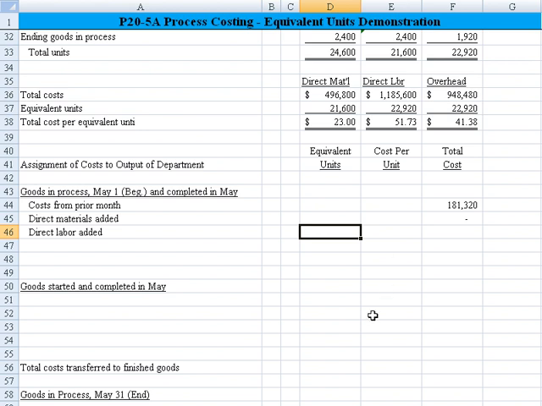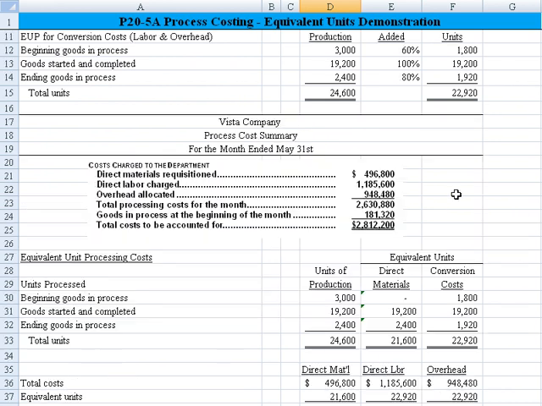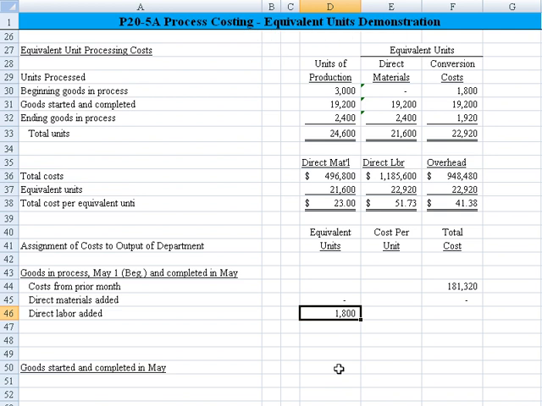Now with direct labor costs, we would pull the equivalent units from where we calculated them above, and labor and overhead use the same equivalent units of 1,800. Okay, and to be exact, we probably should put in zeros for direct materials added. Okay, I'll go ahead and put a 0 in there. The cost per unit we calculated directly above for direct labor as 51.73.